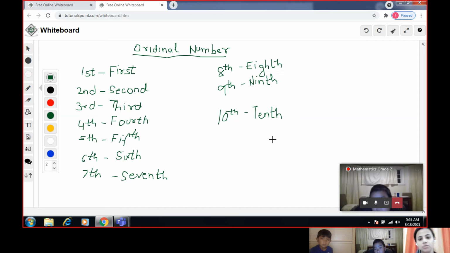I will post you the assignment, the pattern assignment and the pair assignment. You have to do it and post it here. Where will you find the assignment? Go to Teams, then go to the files. Today's date is 18 August, so you will find the folder of 18 August.